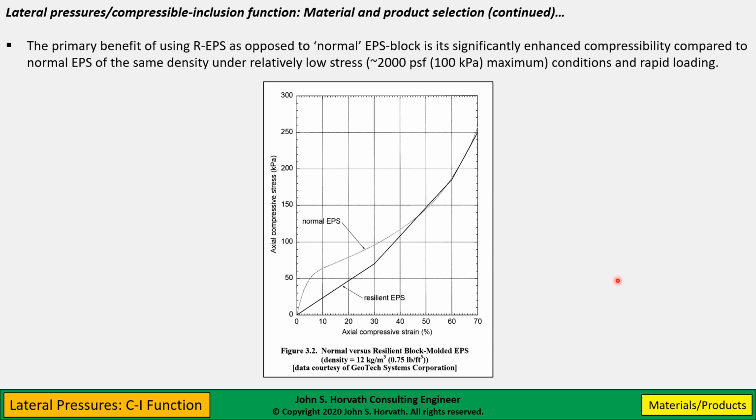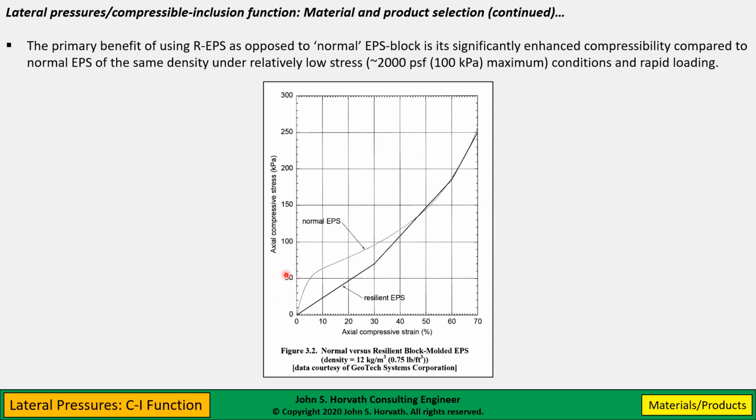Resilient EPS that has been subjected to an additional manufacturing step, we see how much softer the initial low stress response is. And again, 50 kilopascals, it's about 1,000 PSF, 1 KSF.